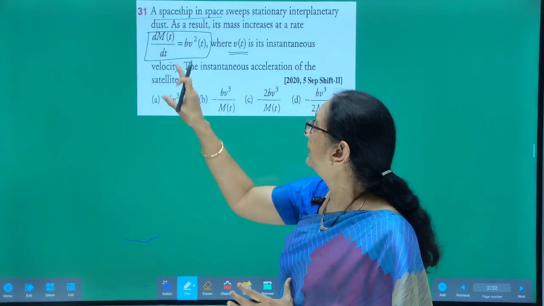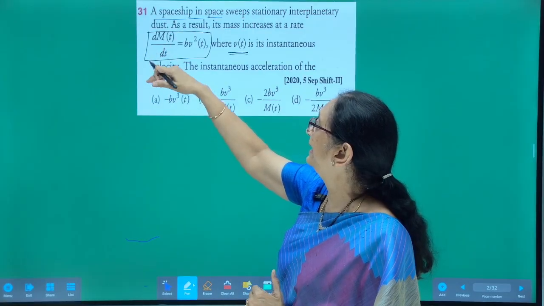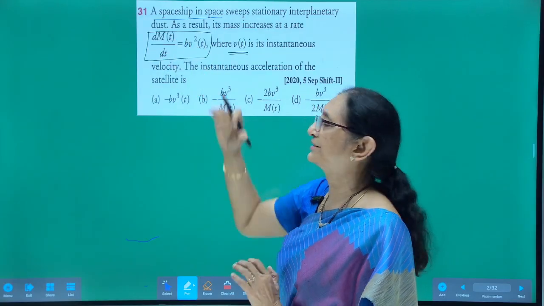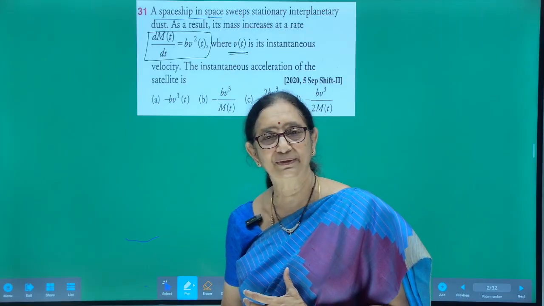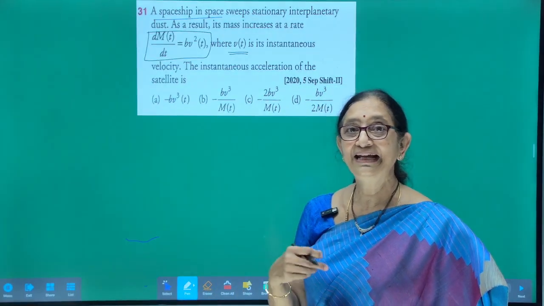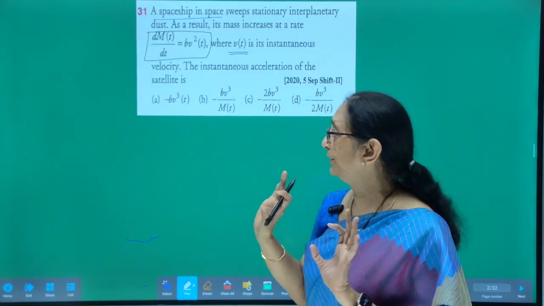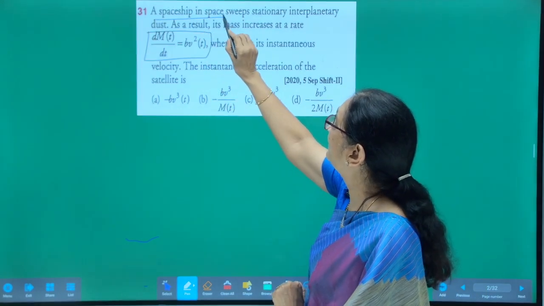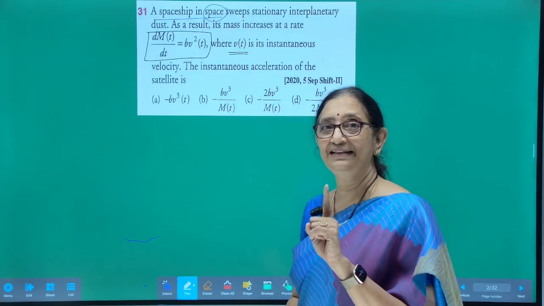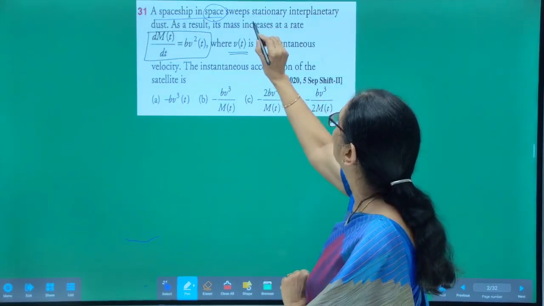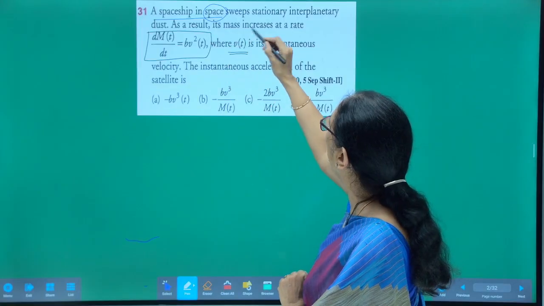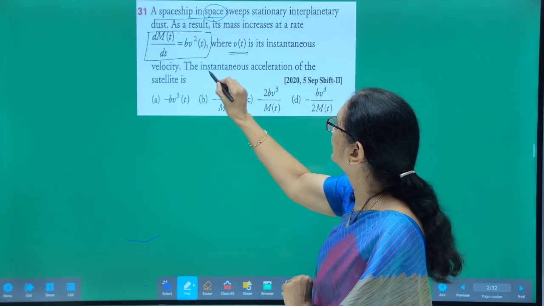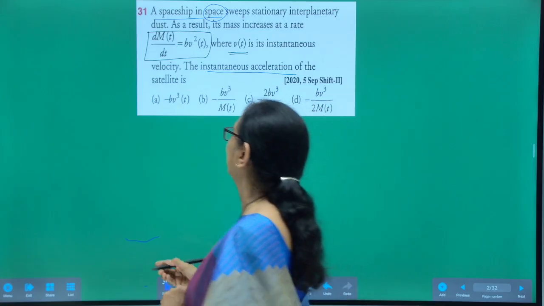Here, the mass is increasing with time, velocity is also increasing with time. So here it's a very interesting problem. Look here, the spaceship in space, actually that is the key word in the problem, sweeps such that its mass increases at a rate, where v is instantaneous velocity. What is the instantaneous acceleration?